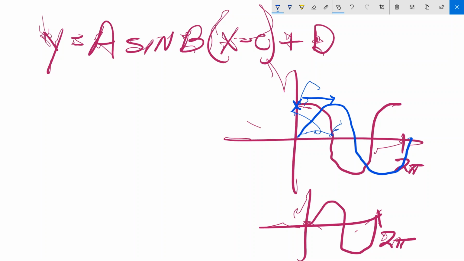So if you take a cosine function and move it to the right by pi over 2, you get the exact same thing as a sine function. And in fact, if I take the sine function and move it pi over 2 to the left, I get the exact same thing as the cosine function. So the only difference between sine and cosine is a horizontal shift by pi over 2, one direction or the other.